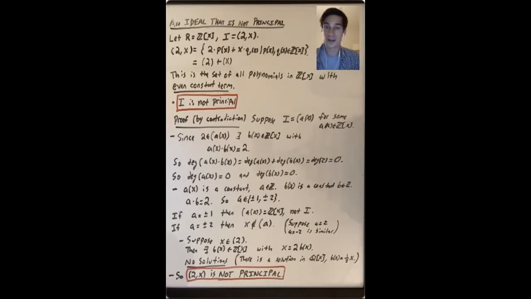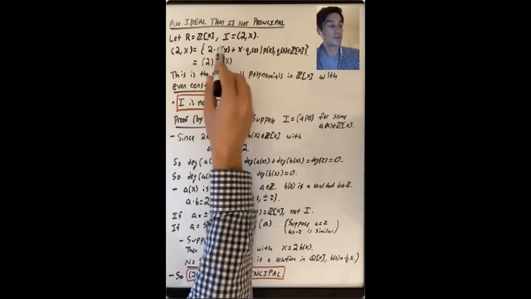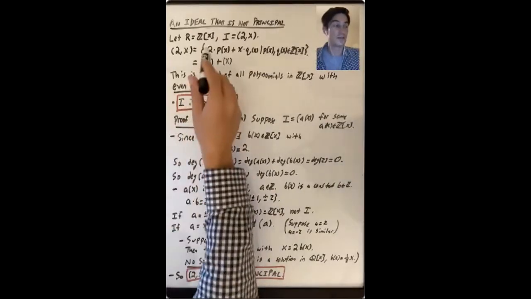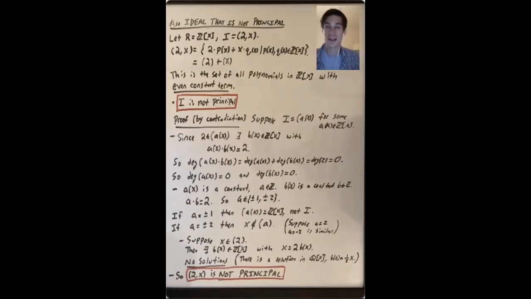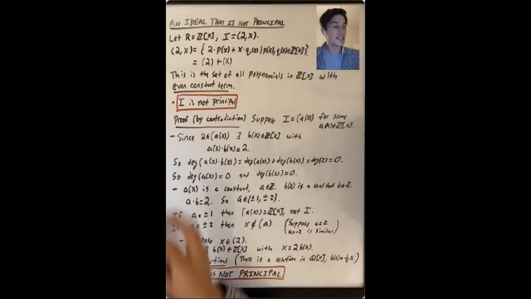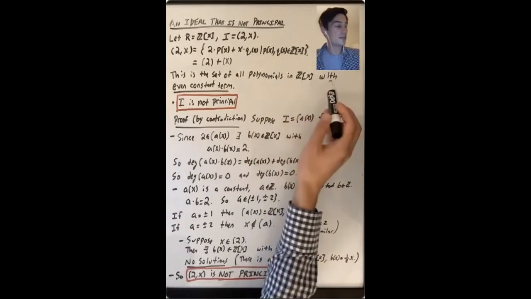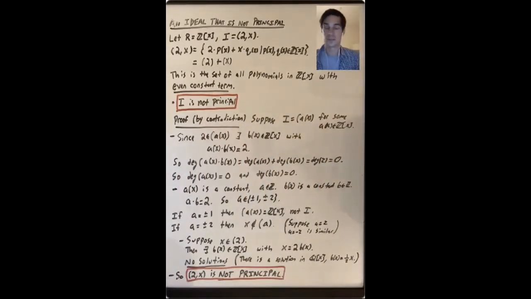So the constant coefficient of 2 times P(X) plus X times Q(X) is the constant coefficient of 2 times P(X), and it's even. So we can see that this ideal consists of all polynomials in Z[X] with even constant term.